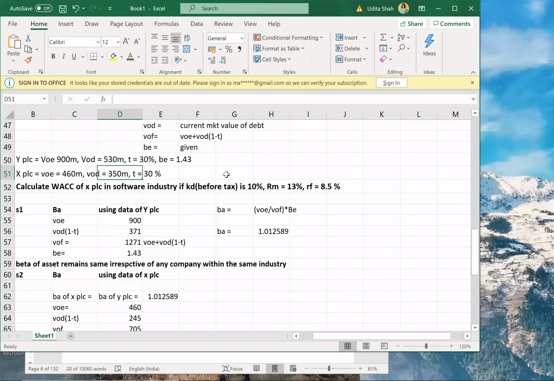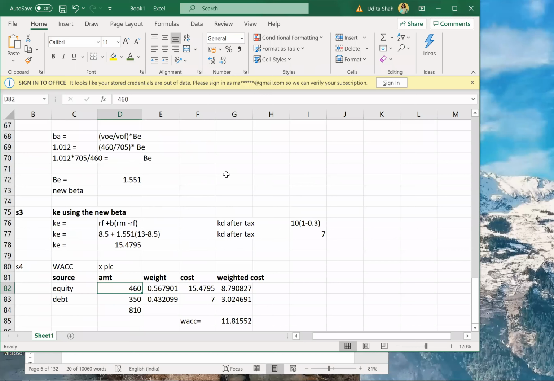Okay. So equity as it is 460 and debt also 350 I have taken. I have not taken debt net of tax. Okay. Because here in cost I have already adjusted tax. So if I adjust tax again in amount, okay, it will have double taxation and government will not allow me to do that.